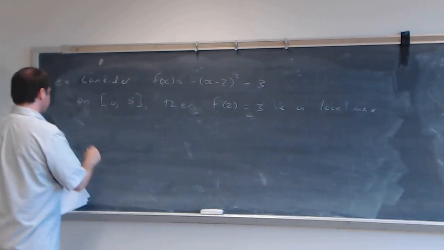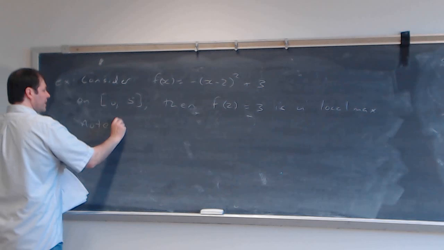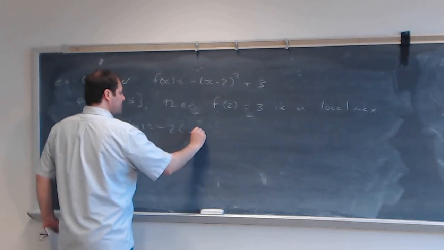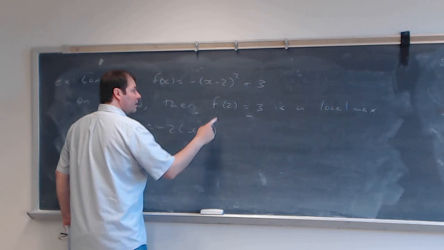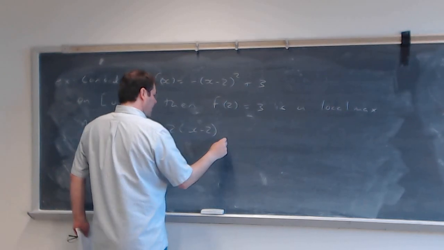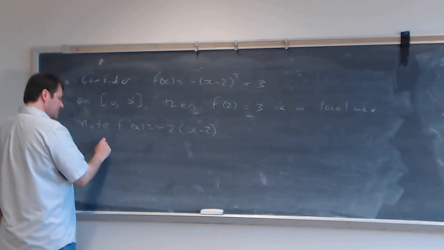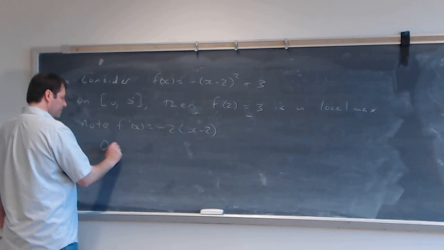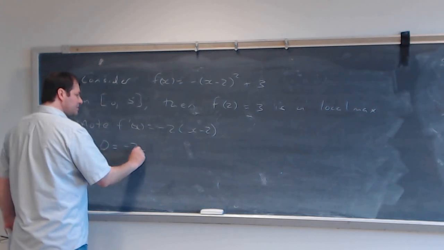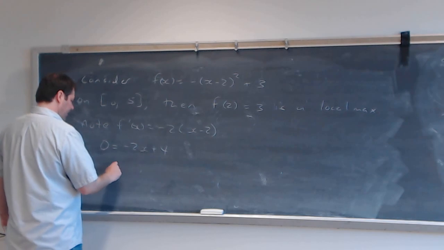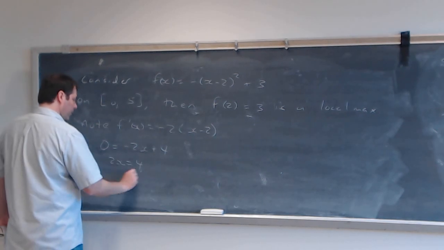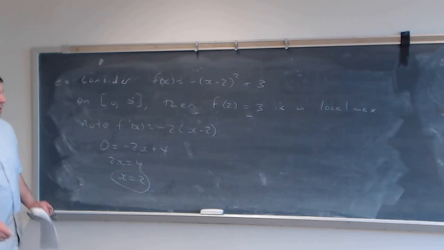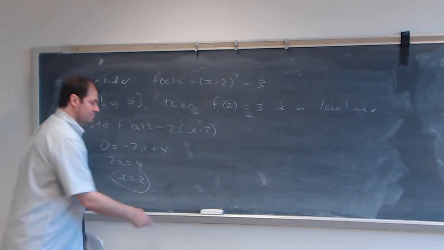And if you notice, the f prime of x in this case is going to be equal to minus 2 times x minus 2 to 1 less power plus 0. And so that derivative exists everywhere in 0 to 5. And so if we set that equal to 0, we get minus 2x plus 4, and that says that 2x is equal to 4, or that x is equal to 2, and that's where we did have the local max. Okay? So that illustrates that past theorem.